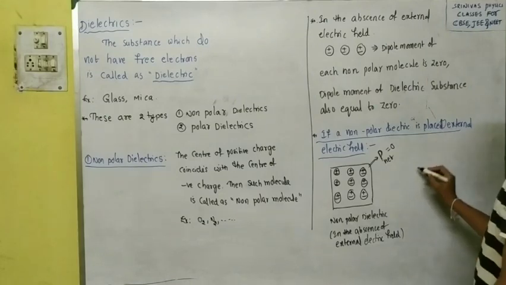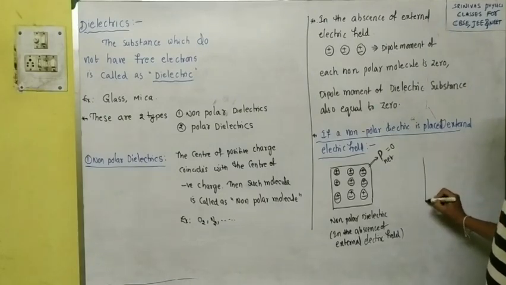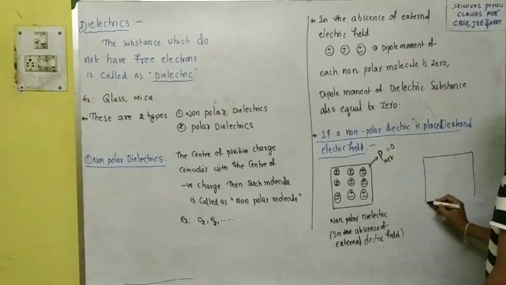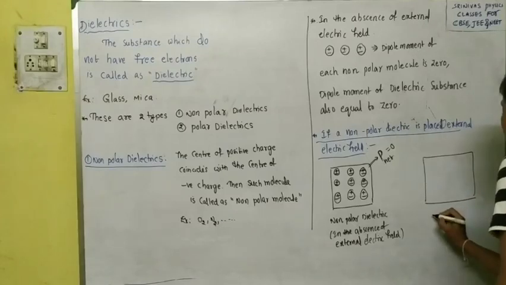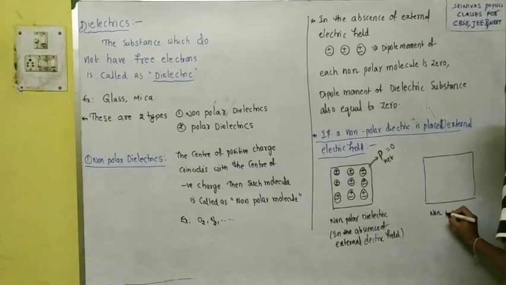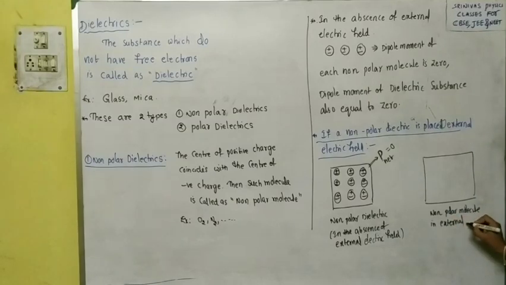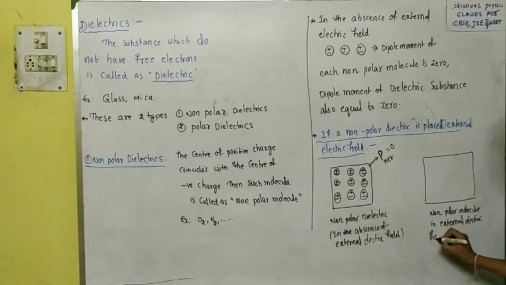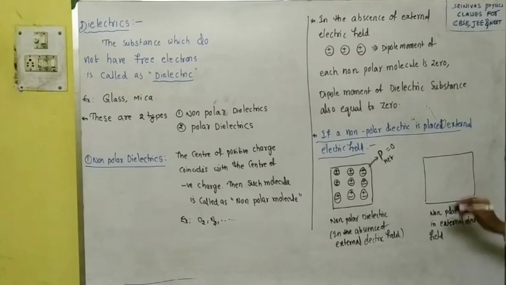If we place this in the external electric field, right? I am placing the non-polar molecule in external electric field. Do you know how to give the external electric field? We will supply the external electric field from the right side.